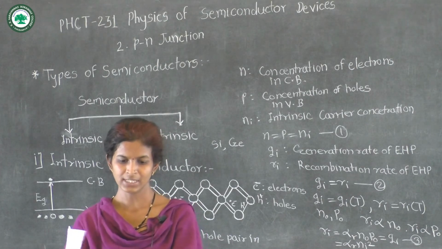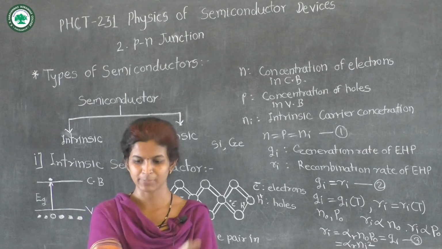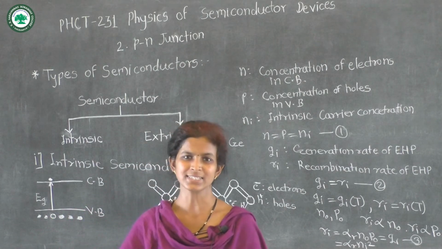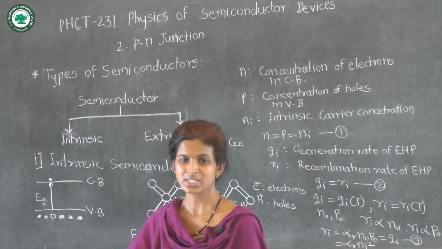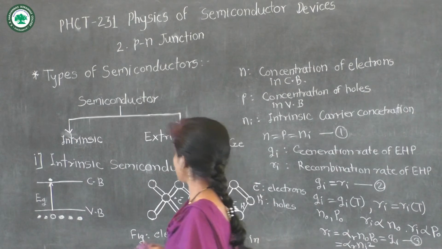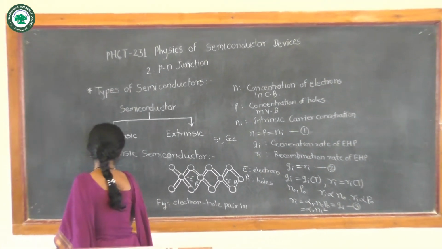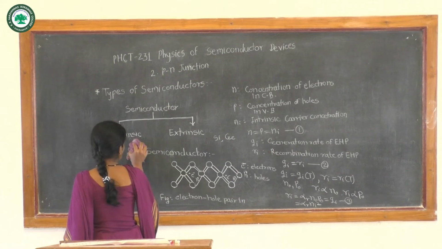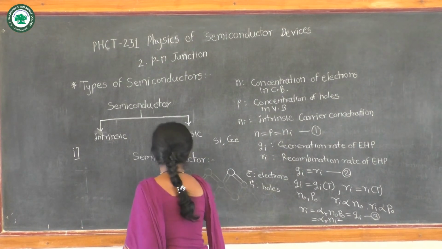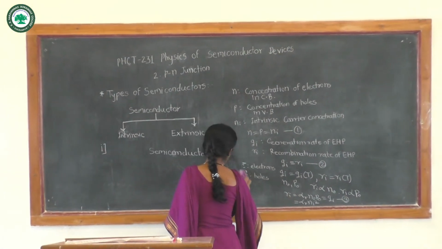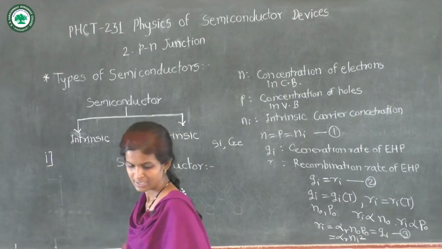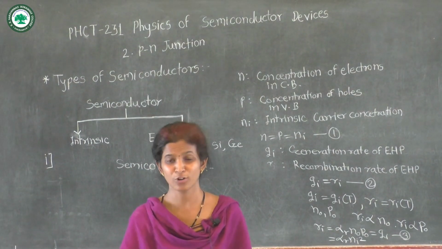Next we will see about the extrinsic semiconductor. As we know, the intrinsic semiconductors are those in which there are no impurities or lattice defects, but in case of extrinsic semiconductor, the number of electrons and number of holes within the semiconductor at thermal equilibrium are not equal.